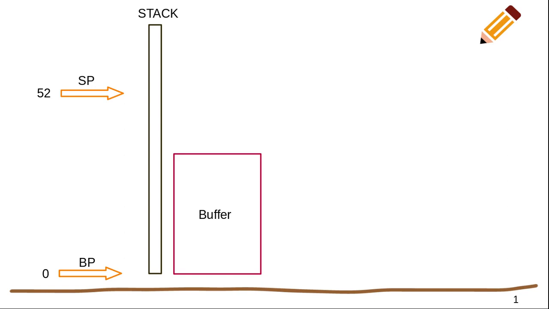So this buffer is holding 40 bytes of space, and the stack pointer is holding 52 bytes of space. It assigns itself according to the function's variables and values.